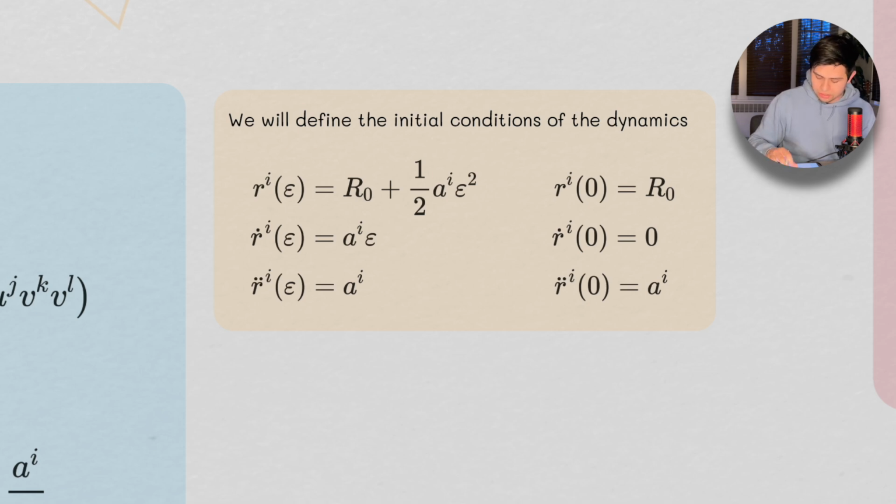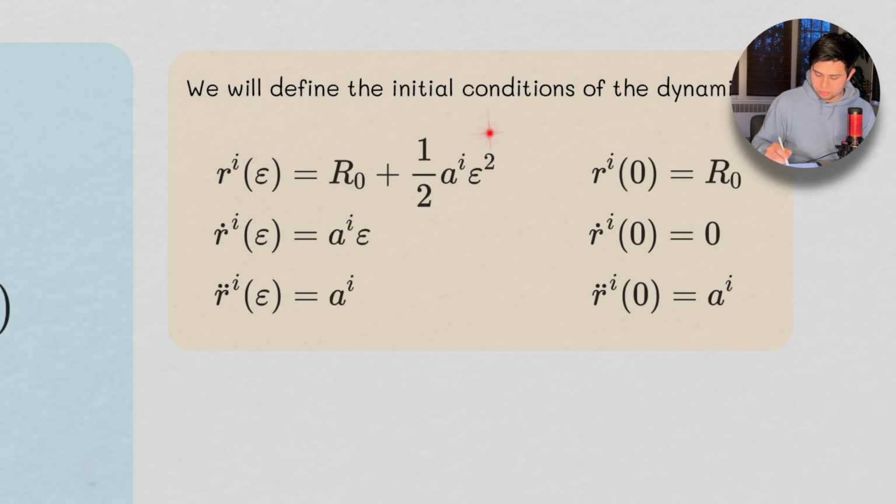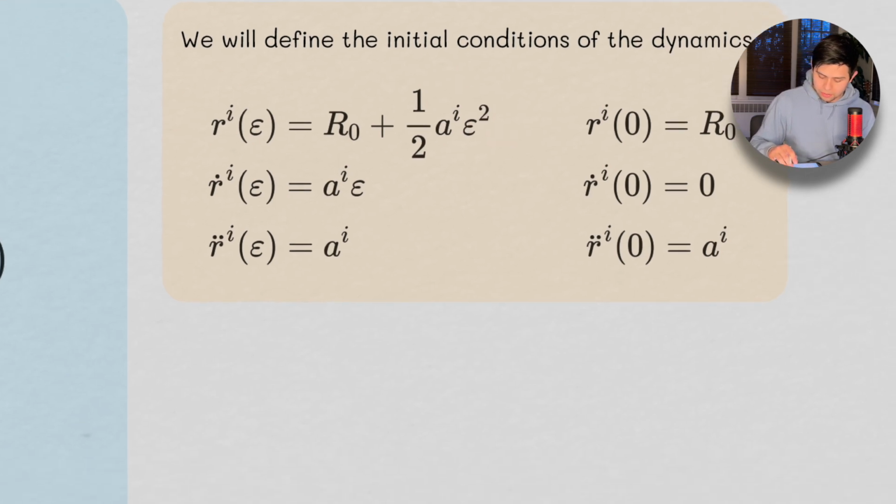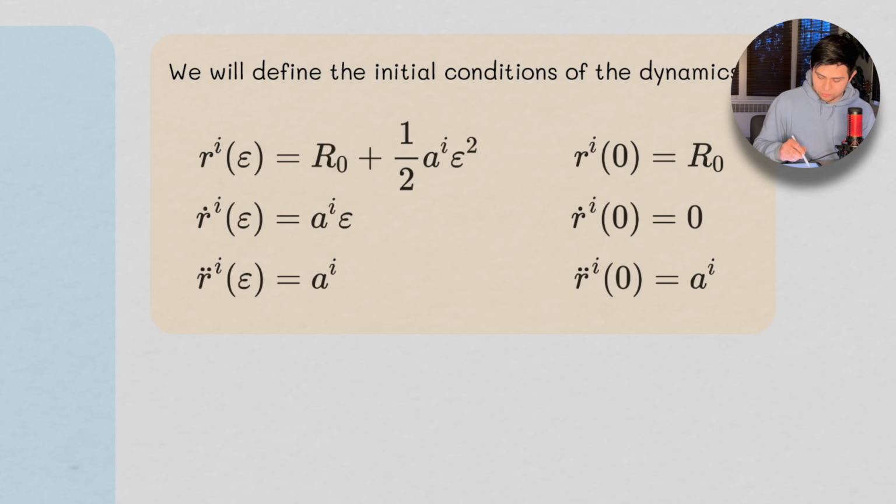So this radius is going to be some initial radius plus 1/2 the acceleration times epsilon squared. This is a kinematic equation, or a dynamic equation that you learn in physics 1. Okay, the derivative of this with respect to epsilon is going to be the acceleration, right? Because you just take the derivative of this. This is the derivative. This is 0.